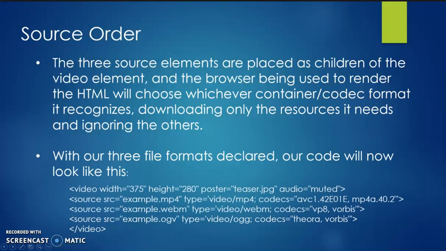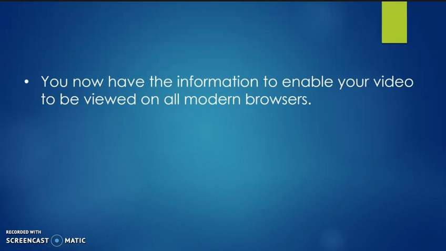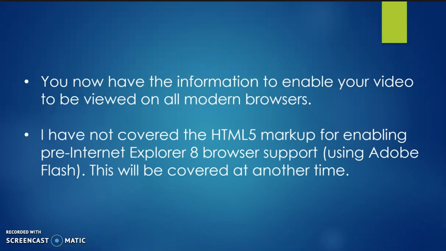As you can see below, here is the new codec, and also there is more information at the end to help it decide. You now have the information to enable your video to be viewed on all modern browsers. I have not covered the HTML markup for enabling pre-Internet Explorer 8 browser support using Adobe Flash. This will be covered at another time.